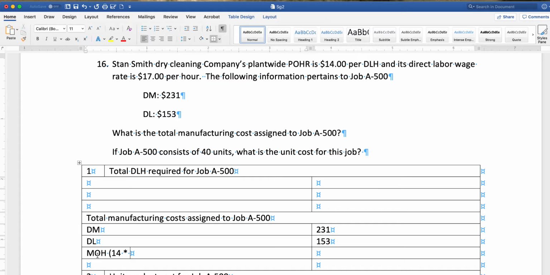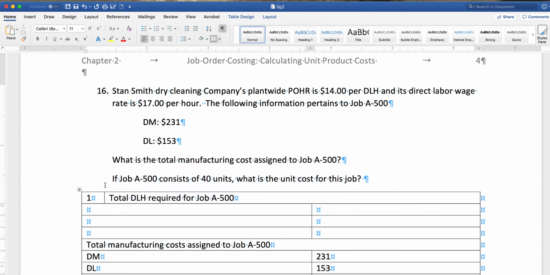How in the world do I figure out how many hours were incurred to complete job A500? Well, they give us enough information. Bear with me here. We know what the direct labor cost is.